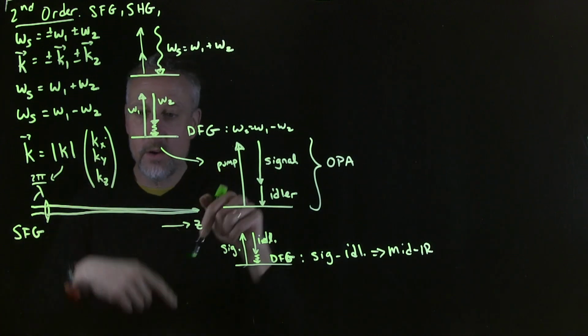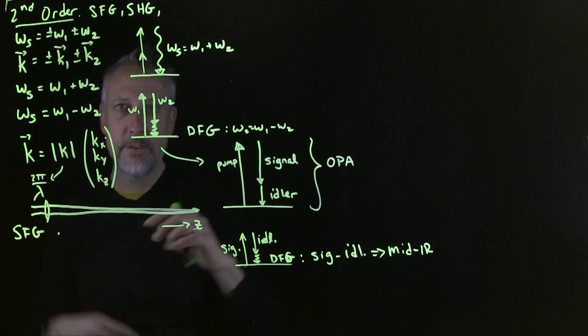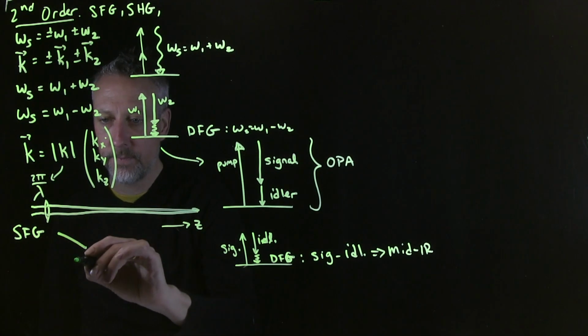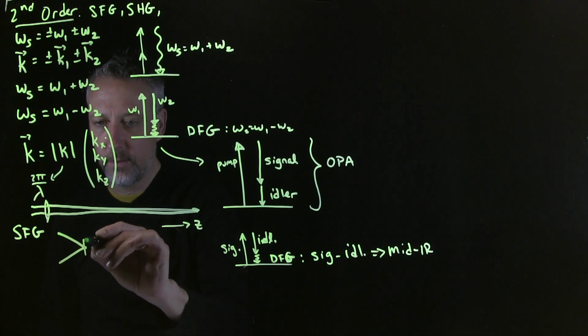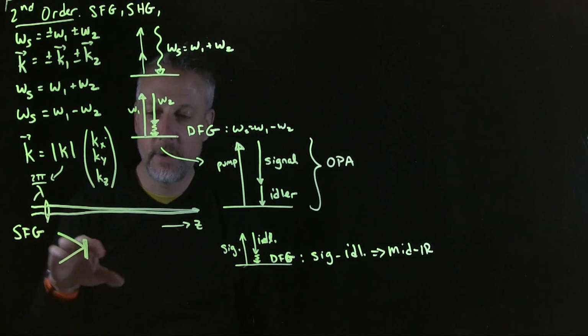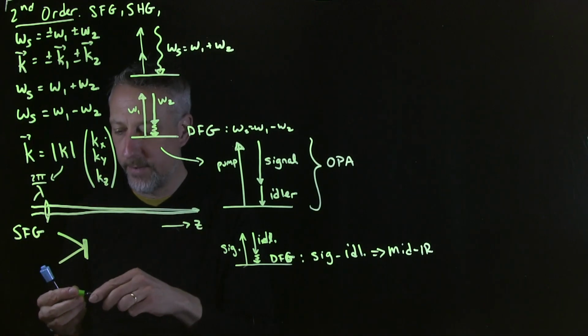As soon as I make them non-collinear though, that's kind of interesting. Imagine I shoot them at my sample or my material at an angle. In physical space, my beam might look like this, and this is my material. But I don't want to think of the beams in physical space, because I need to think of them in terms of their wave vectors.